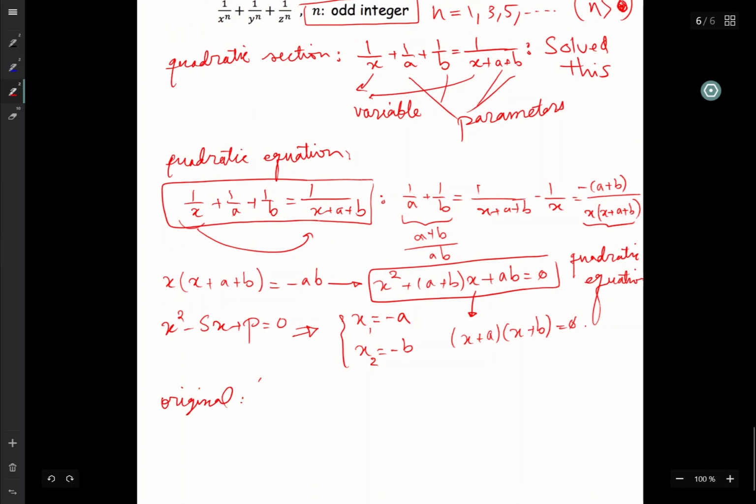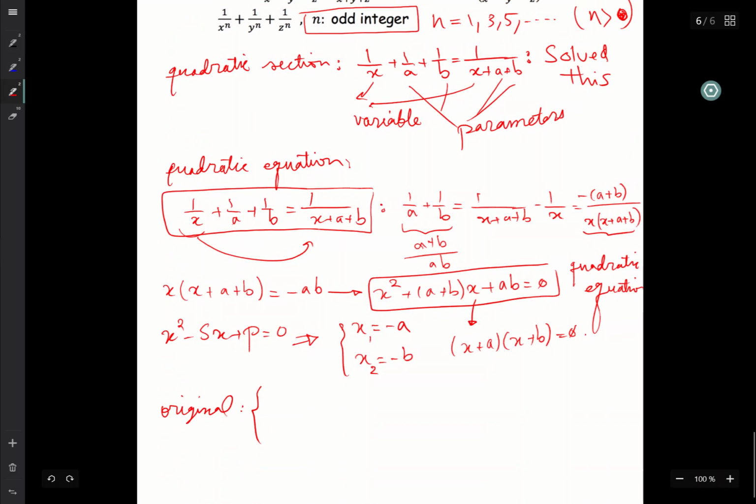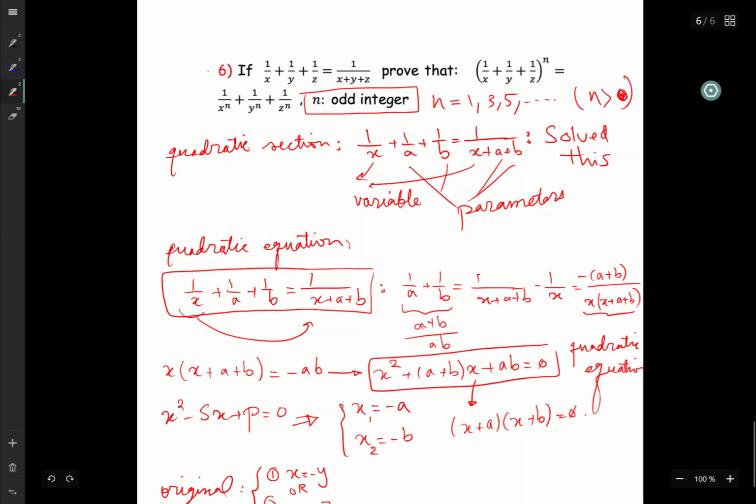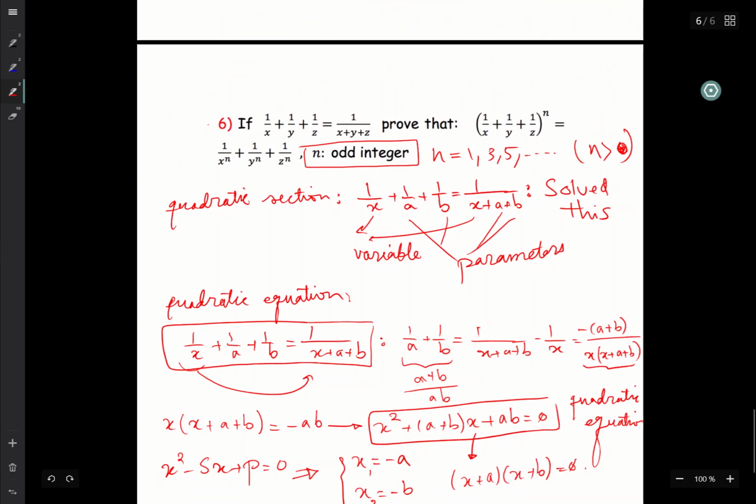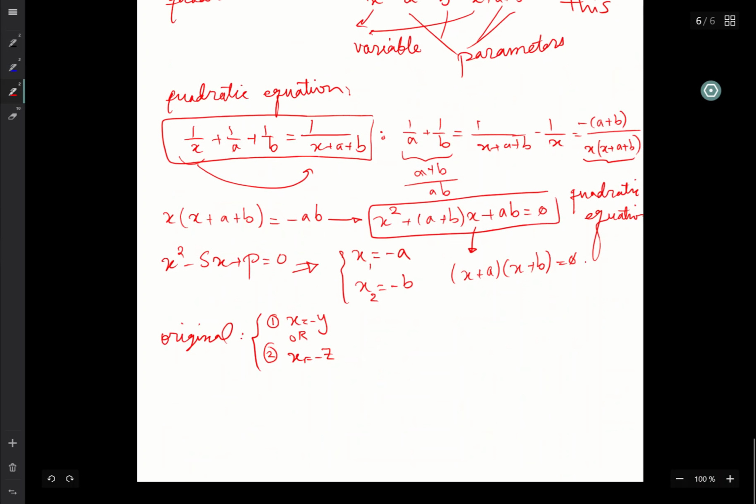Now in the original problem, this means that if we take x, for example, as the variable and y and z as the parameters, there are only two possibilities. Either x is negative y or x is negative z. There is no other way that the equality 1 over x plus 1 over y plus 1 over z equals 1 over x plus y plus z can be true.